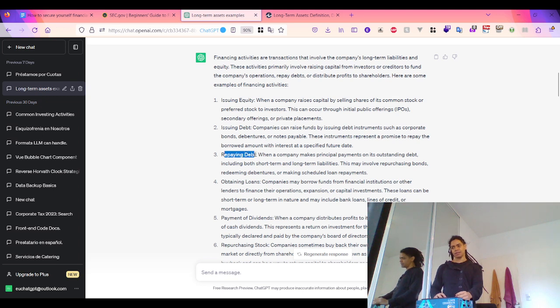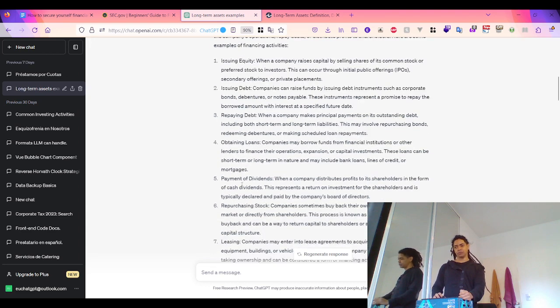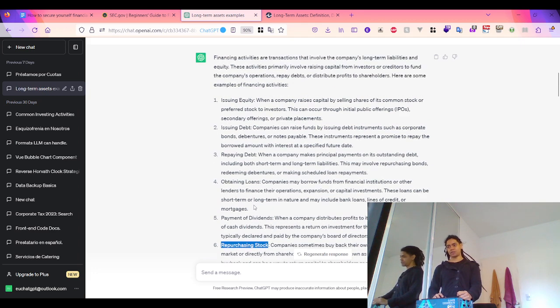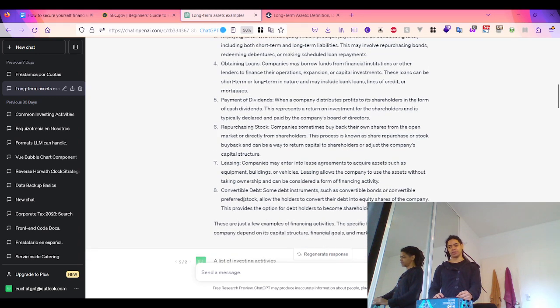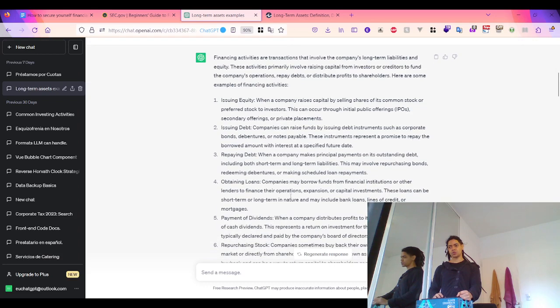Then repaying debt, obtaining loans, payment of dividends, and repurchasing stocks, which is a form of self-financing. There is also leasing and convertible debt.